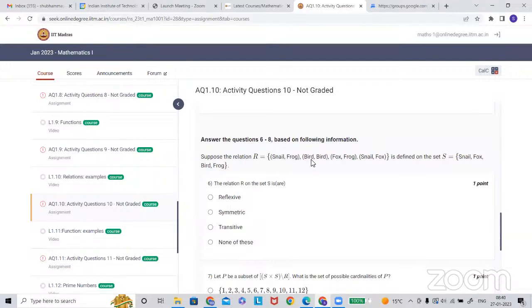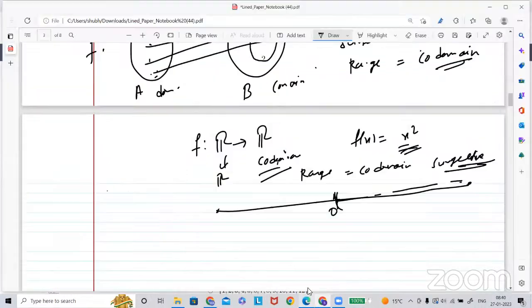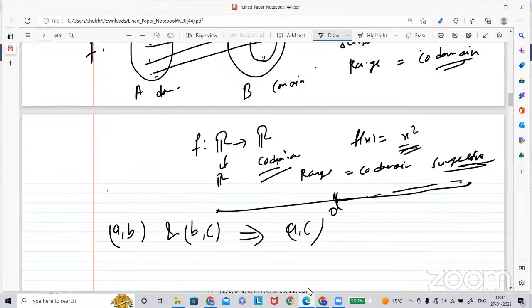Similarly, next go for the bird. Is there any pair apart from bird? No, nothing. So still it is supporting the transitivity. Similarly, for fox and for this one, you can check. Still these are supporting, because the transitivity says if A and B is there and B and C is there, then A and C should be there.